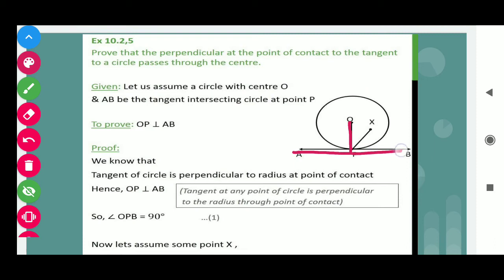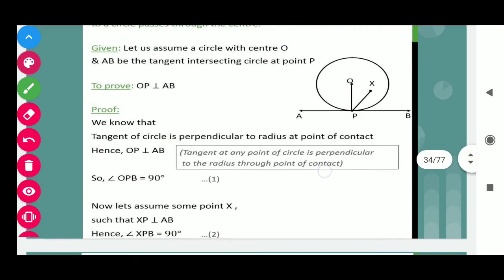So students, let's start. We know that tangent of a circle is perpendicular to the radius at the point of contact. So in this way we get OP is perpendicular to AB. So students, angle OPB is 90 degrees.